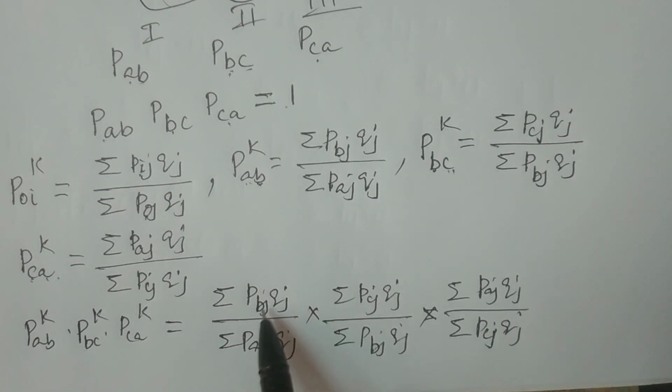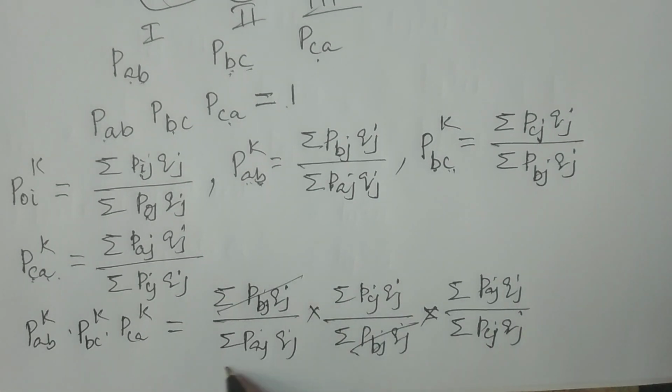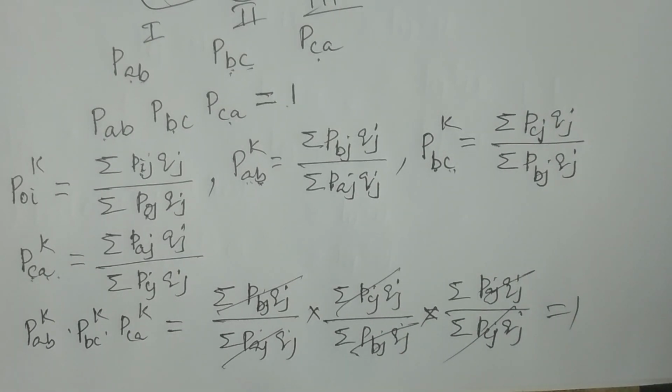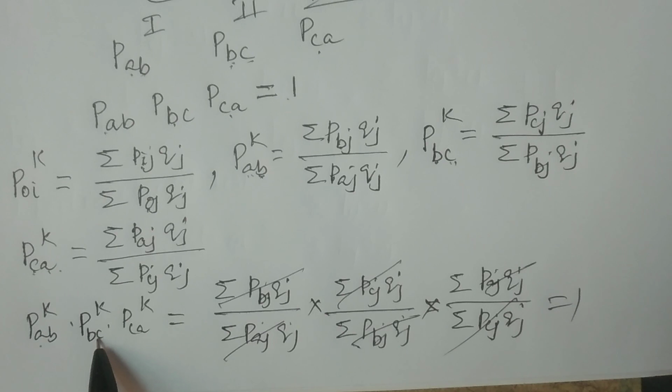Now you see PBj Qj, PAj Qj, PCj Qj cancel out and the product is equal to 1. Therefore, PAB into PBC into PCA is equal to 1 for Kelly's index number.